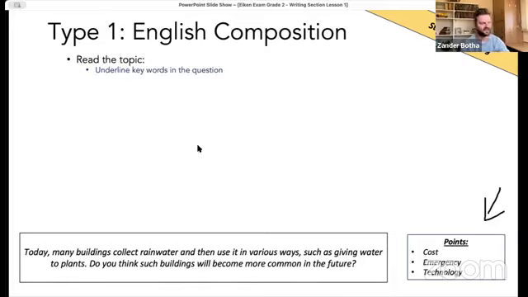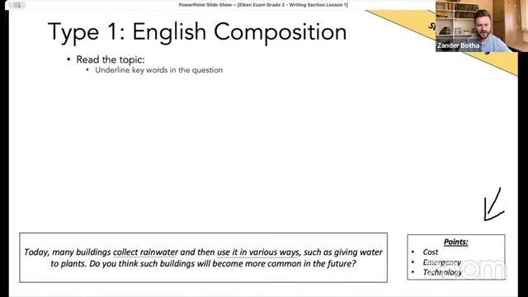All right, so let's take a look at the keywords in this topic. The first keywords are collect rainwater. Okay, very important words, part of the topic. The next ones are use it in various ways, meaning use it in many different ways.